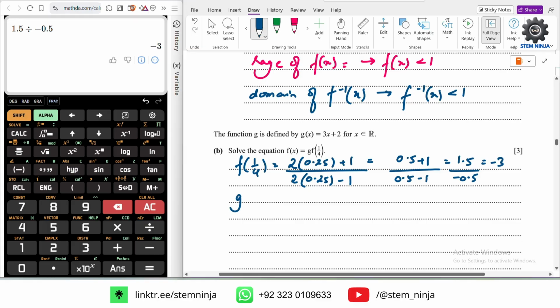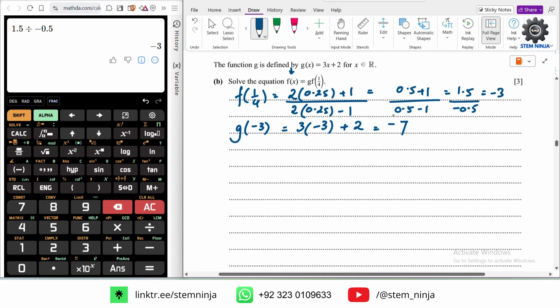Okay, so g of minus 3 now would be 3 times minus 3 plus 2, minus 9 plus 2, minus 7. We don't just need that, we need the f of x equals to that. Okay. So where f of x, (2x plus 1)/(2x minus 1), is equal to minus 7. So we need to find the value of x.